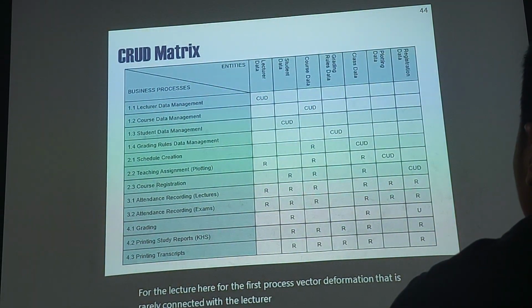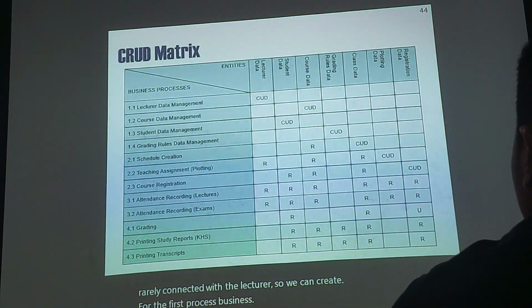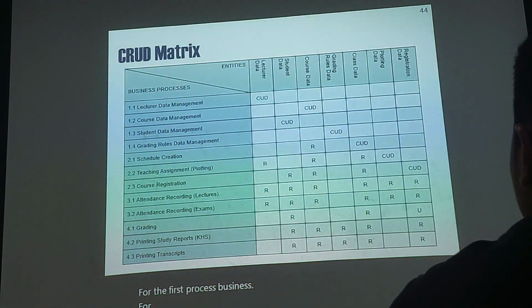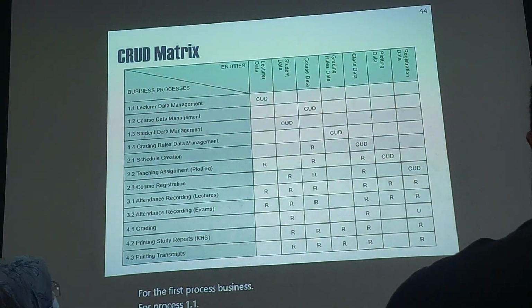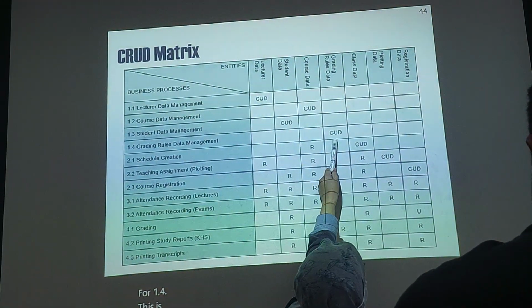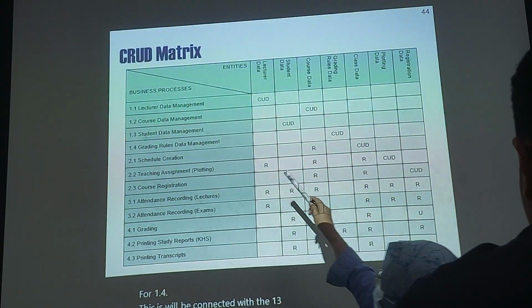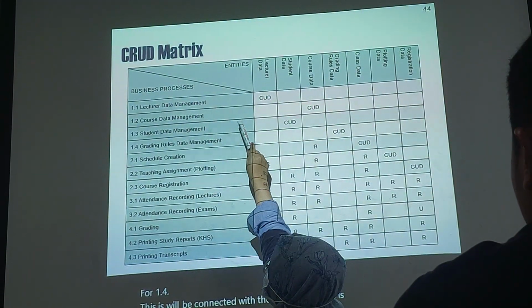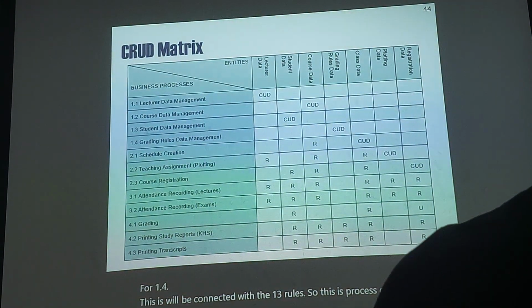So we can create and update lecturer data for the first process. This is for process 1.1. For 1.4, this will be connected with the reading groups. So this is the process for the master file: create, update, delete. Okay.